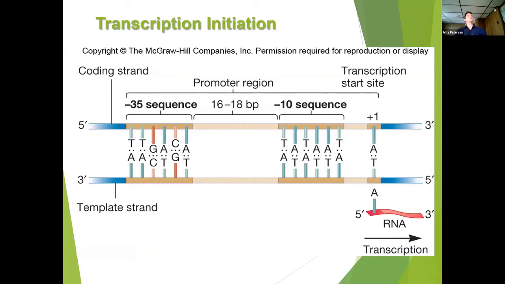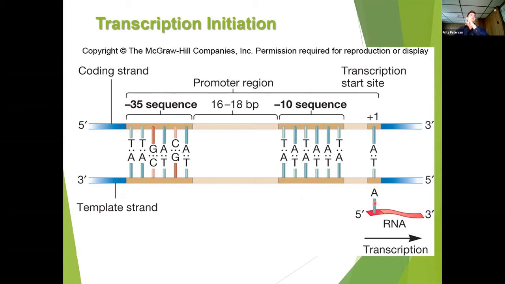So now, transcription initiation. Transcription begins when the RNA polymerase binds to a promoter sequence near the beginning of a gene. Important to note here, this entire region is your promoter region, and it'll tell the polymerase where to bind and to start transcribing.